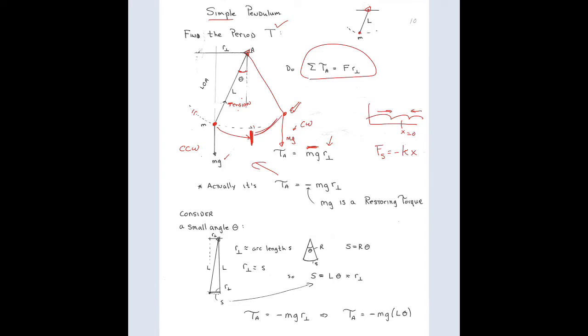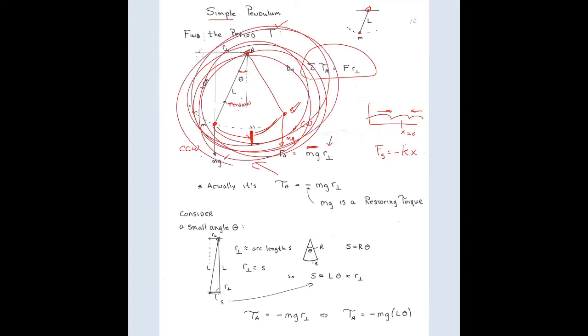So the minus sign is there to indicate that that torque is a restoring torque. If we left out that minus sign, it would say that this mg causes a counterclockwise torque, and it would keep exerting a counterclockwise torque and spin it around and around in a circle.